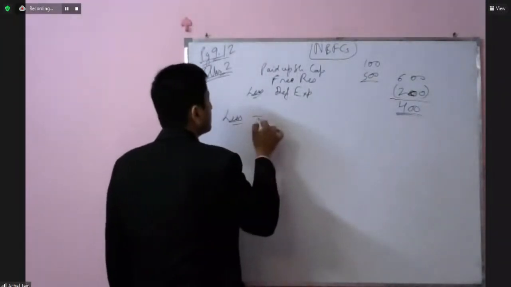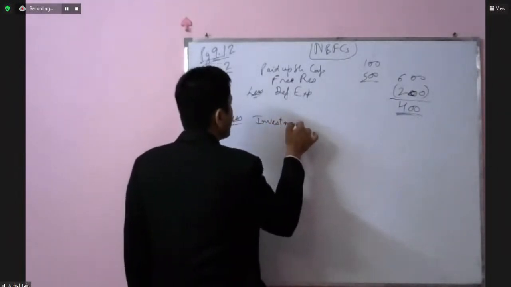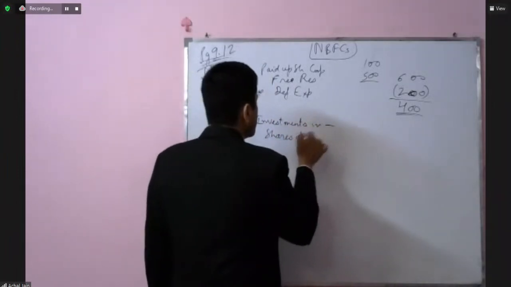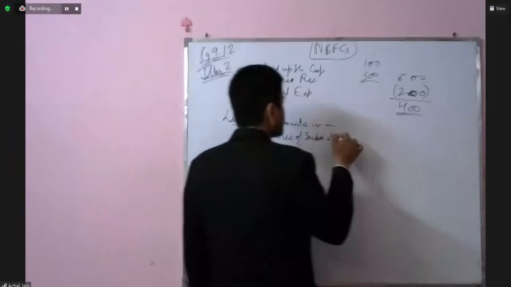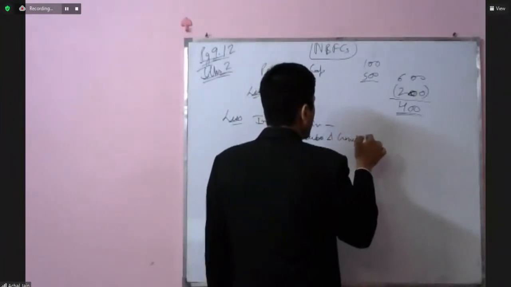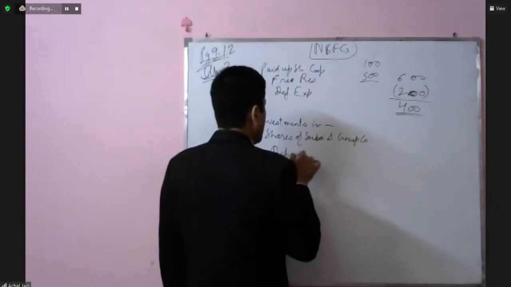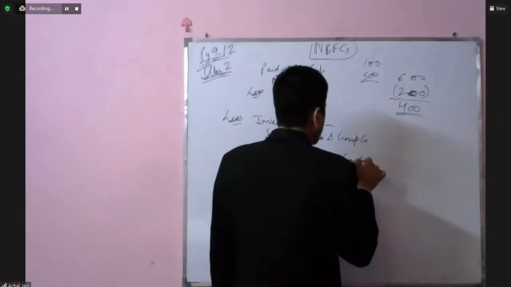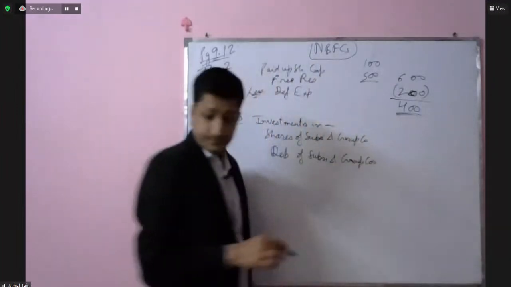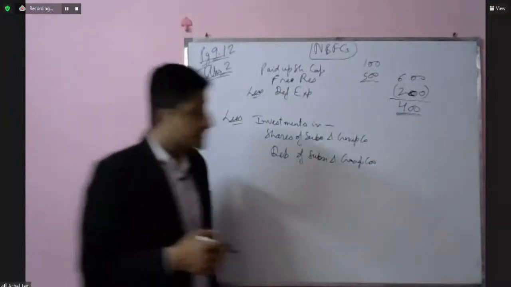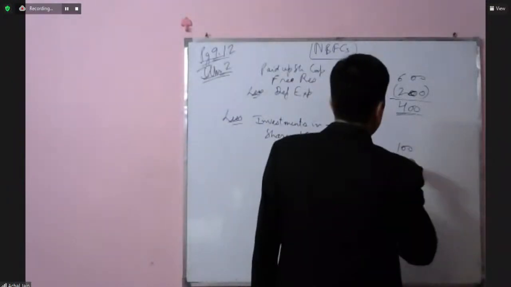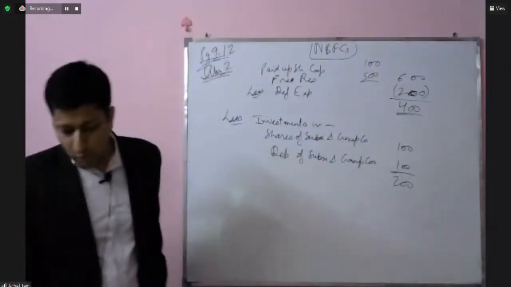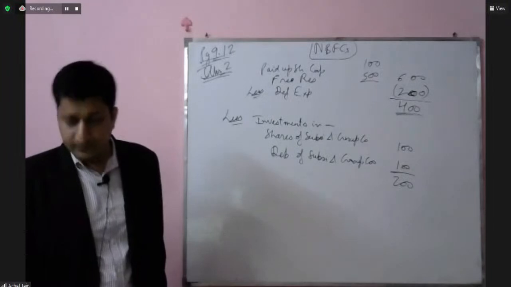Less investments in shares of subsidiaries and group companies, debentures of subsidiaries and group companies. This is 100 and again 100. These two need to be eliminated. 200 needs to be eliminated.